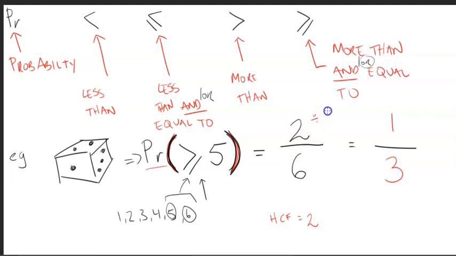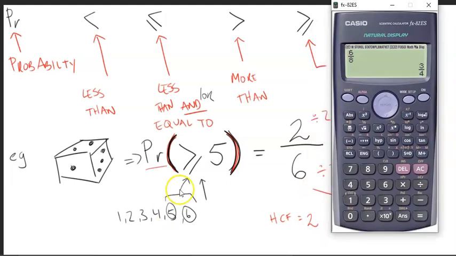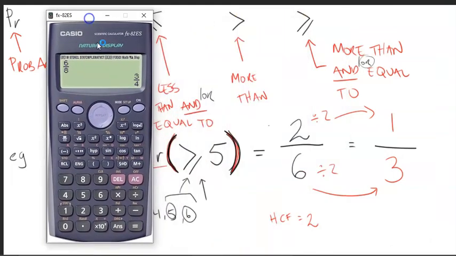If I divide this by 2 and divide this by 2, that's how we get our 1/3. Alternatively, you can use your calculator to double check this. You can clear this, put your fraction in, 2/6 will automatically simplify to 1/3.